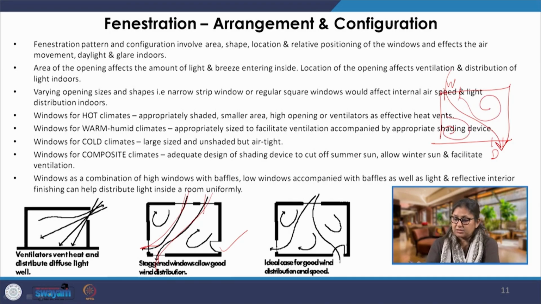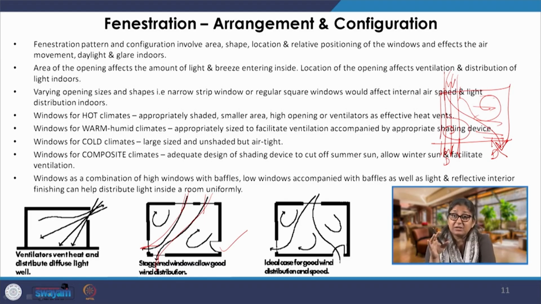In case there are windows or a window cum door on opposite sides, there will be cross ventilation only in this part of the room, and this part of the room will be devoid of any natural ventilation.